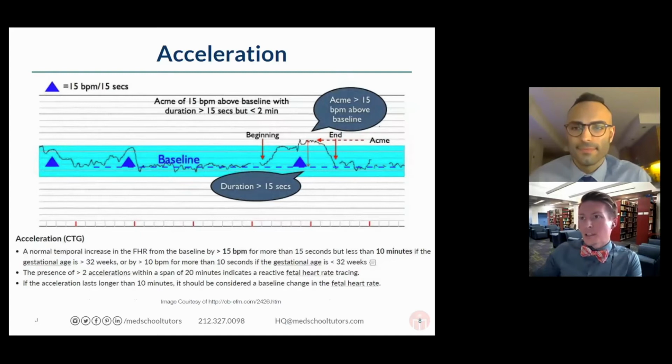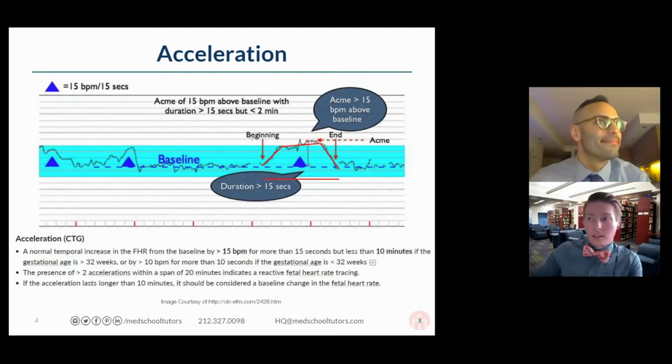And so you can see here that we have this big uptick in heart rate that lasts for nearly a full minute, if not a minute and a half, on our current fetal heart rate, which is going to be normal as far as an acceleration is concerned, and not actually fetal tachycardia. Not long enough to be fetal tachycardia, but also too long and too substantial to be considered a portion of the variability that we would end up seeing here.